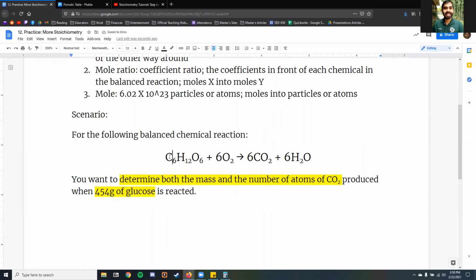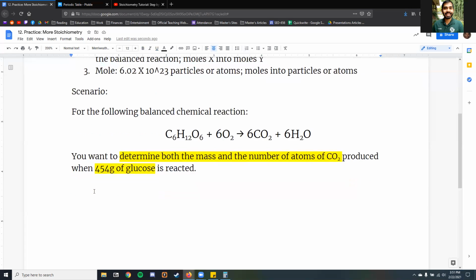We've got glucose, C6H12O6, 6 moles of oxygen, 6 CO2, 6 H2O. This is a very good reaction to work with because it's relevant to your lives. We want to be interested in how much carbon dioxide is produced when a pound of sugar is essentially burned. This is something scientists like to do because we want to keep track of our carbon dioxide. So we're going to have to determine both mass and number of atoms.